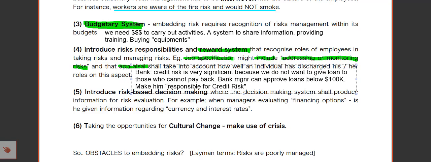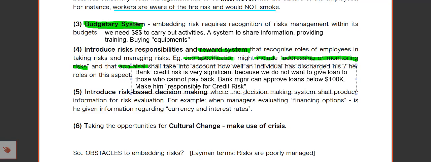So what do you mean by making him responsible for credit risk? Now I can basically tell the bank manager that whatever loans you approve, you will be appraised according to the recoverability of the loan, according to whether the loan is performing or non-performing.